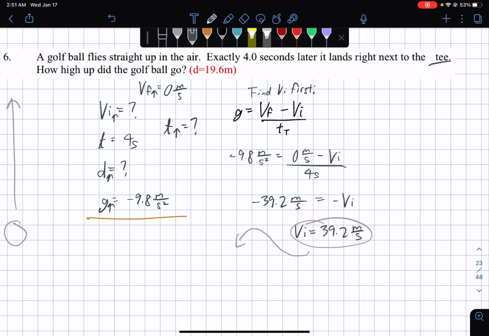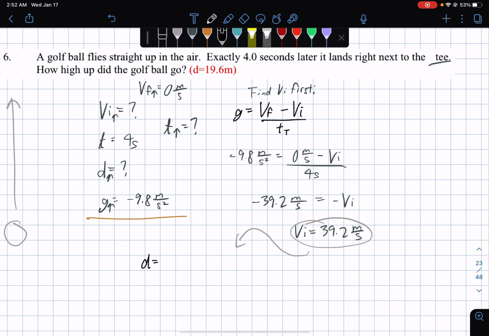So exactly how high up did the ball go? I suppose, regardless of the time, the initial velocity will still be the same. Yeah, it makes sense if you think about it. Let's look for the distance.